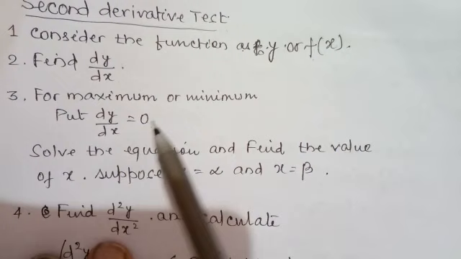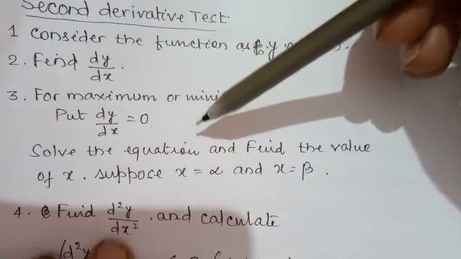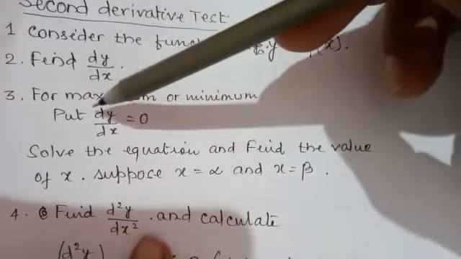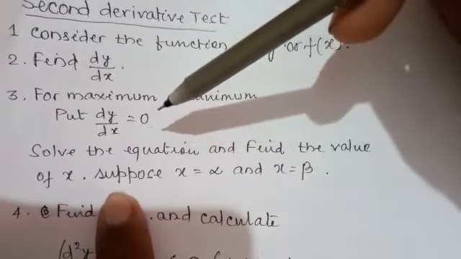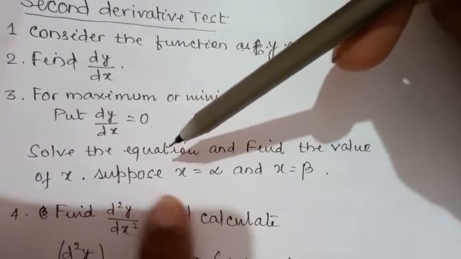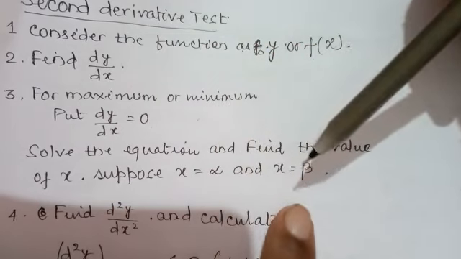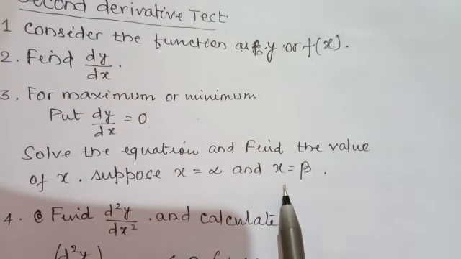Simplify and solve the equation to find the values of x. Suppose, for a few moments, x is equal to alpha and x is equal to beta are the two values of x.